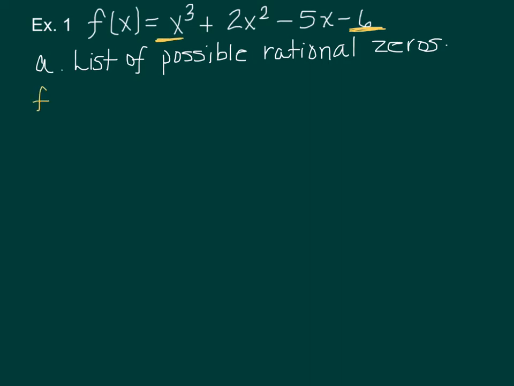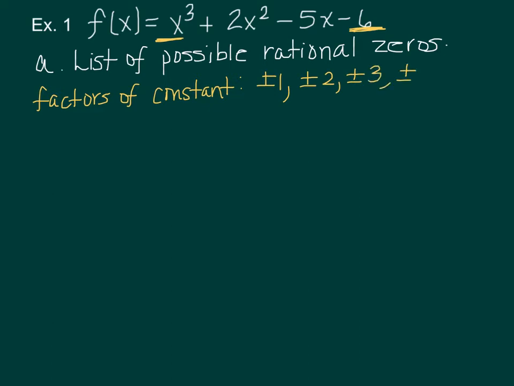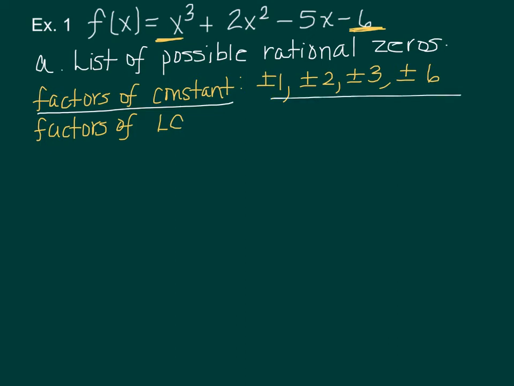So first you write all the factors of your constant. I always try to go in order from least to greatest. So plus or minus 1, plus or minus 2, plus or minus 3, plus or minus 6. And then you're going to divide that by the factors of your leading coefficient, which is plus or minus 1.